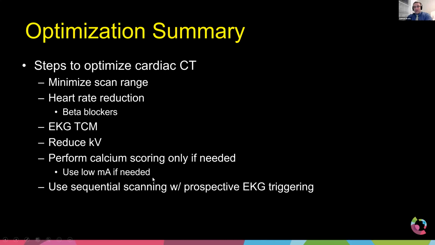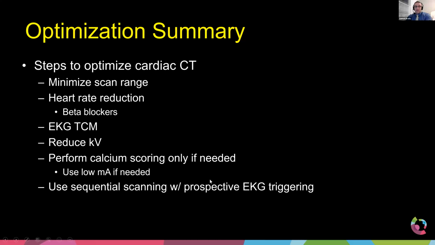Now, depending on the type of scanning that you do, there may be reasons why you would do a retrospective study. Maybe the heart is just so fast and you don't feel comfortable doing prospective EKG, or you do want to see the heart at all phases of its heartbeat.